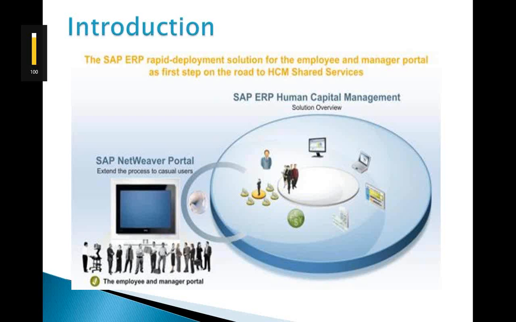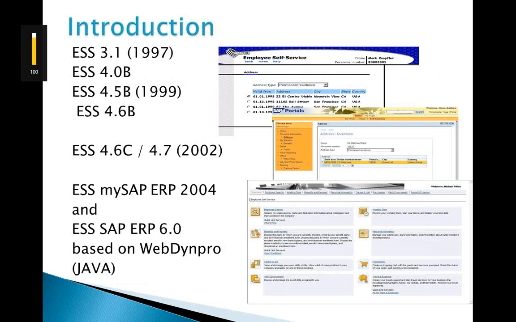Now, in 1997, the ESS screens were like this. The one highlighted in the blue color template is what the ESS and MSS look and feel was in the year 1997. Later, in 2002, it changed to the second template, in orange color.